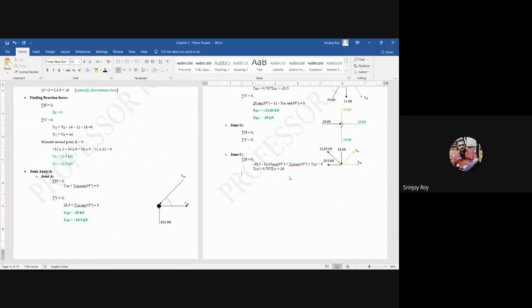And what is the next one? Summation of vertical is equal to 0. What will happen in the vertical?